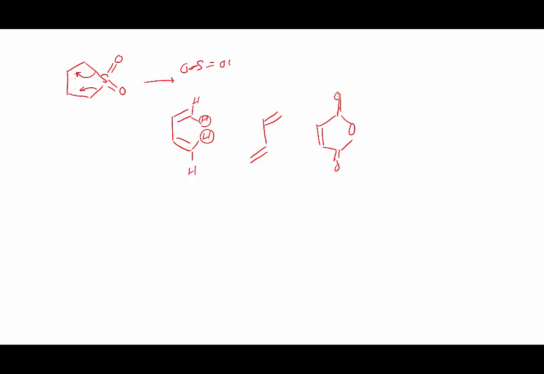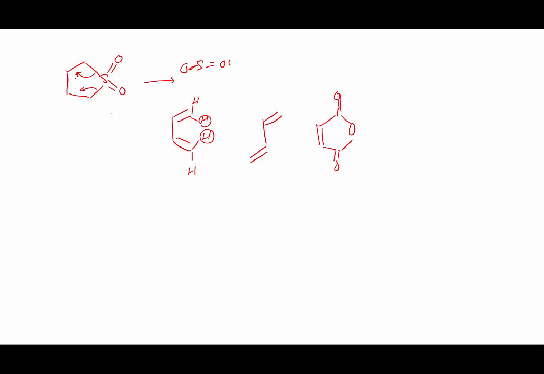So what we had to do was to provide heat, not only to take the sulfolene and convert it to the butadiene. I usually use cyclopentadiene, that's what I'm used to saying. So we took the sulfolene, made the butadiene.